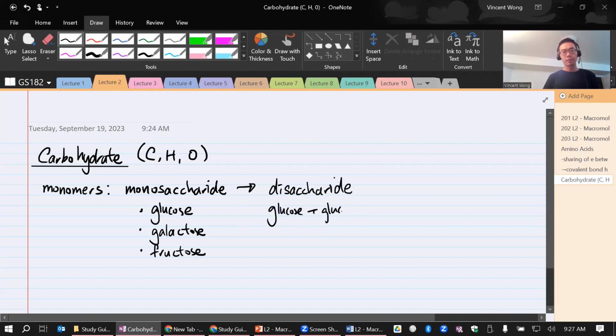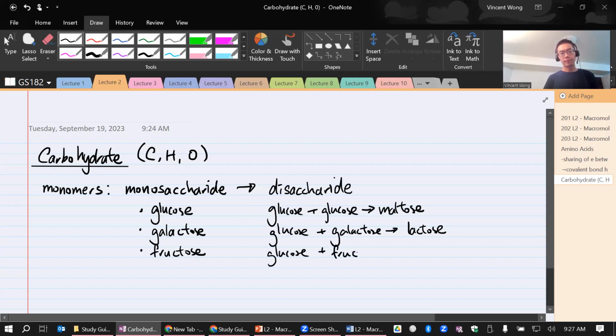So glucose plus glucose, you should know by now, gives you maltose. Glucose plus galactose gives you lactose. Glucose plus fructose gives you sucrose. So these are disaccharides.